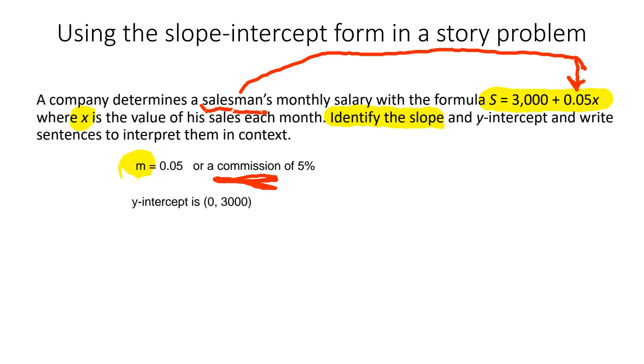The salesman's salary increases by, now, we can say 5% or 0.05 cents for each dollar of sales, or the salesman's salary has a 5% commission of his sales as part of his salary.